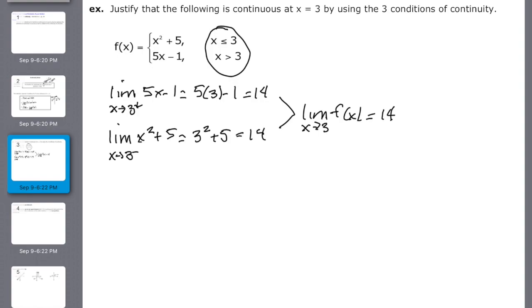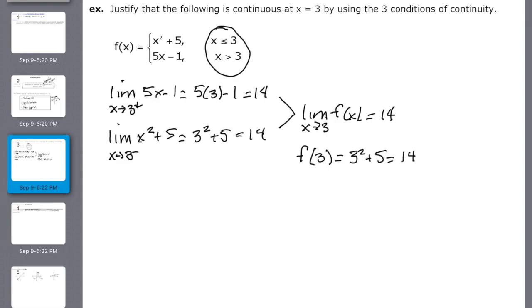I also want to look at the value of f of 3. So because this is piecewise and we're looking at the function value, we're looking for the equals, which is our top equation. So we've already plugged this in, but I'm just going to do it for emphasis. And we get 14.